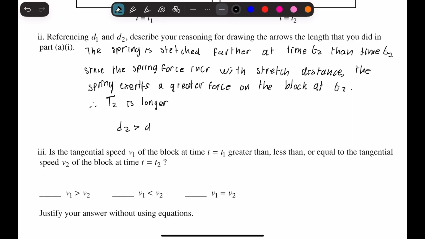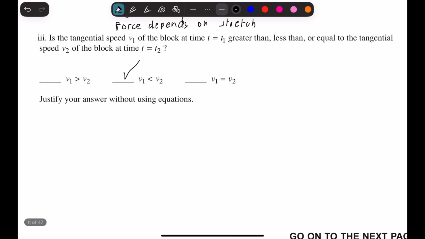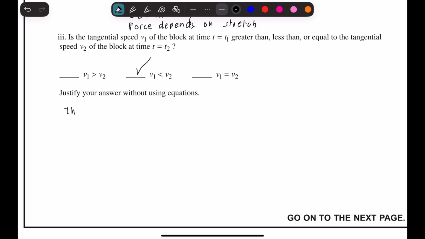Again, D2 is greater than D1, and we also know that force depends on stretch. Now, comparing the speeds, we know that V1 is going to be less than V2. And the reason is because the net force on the block is going to be the spring force.